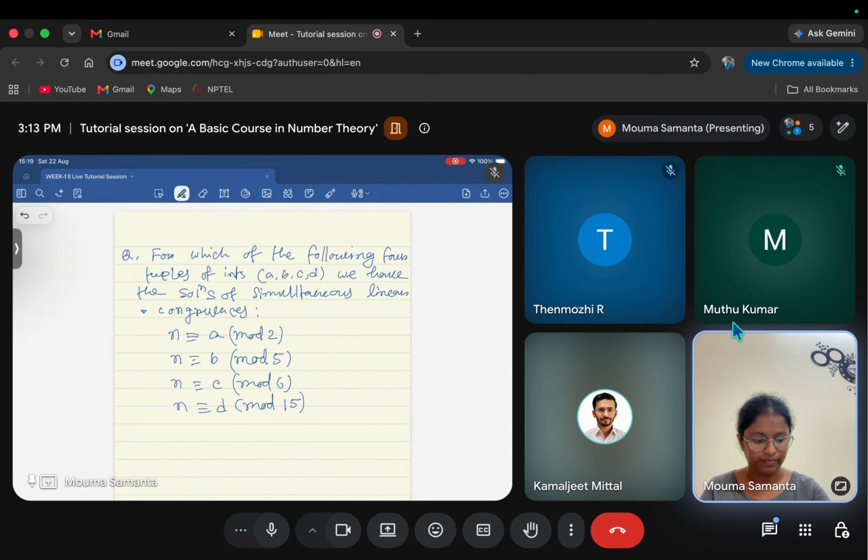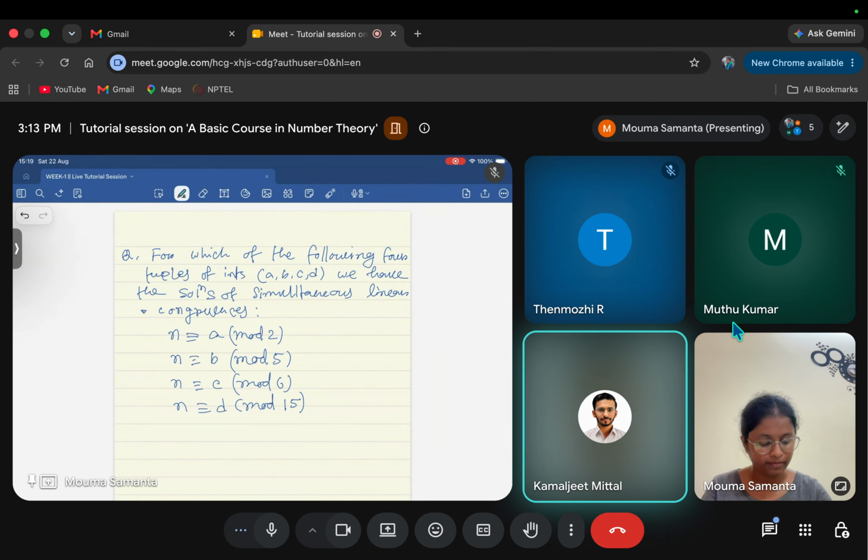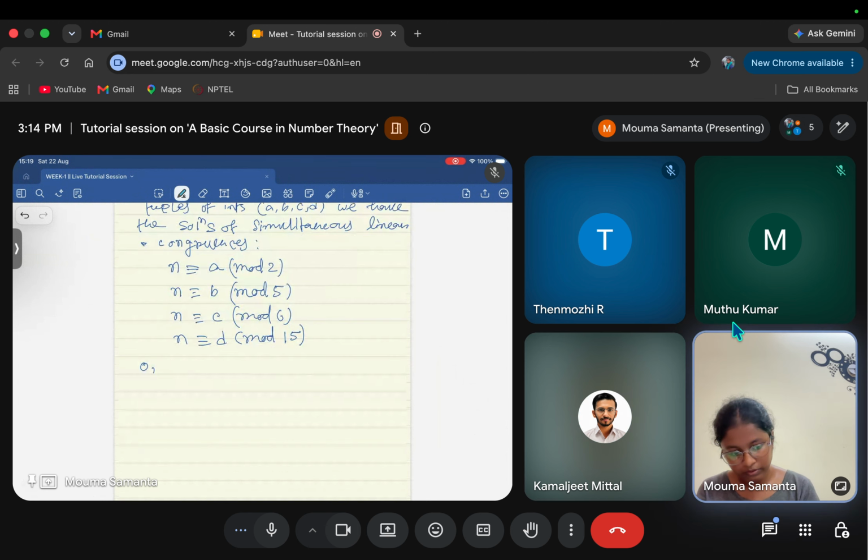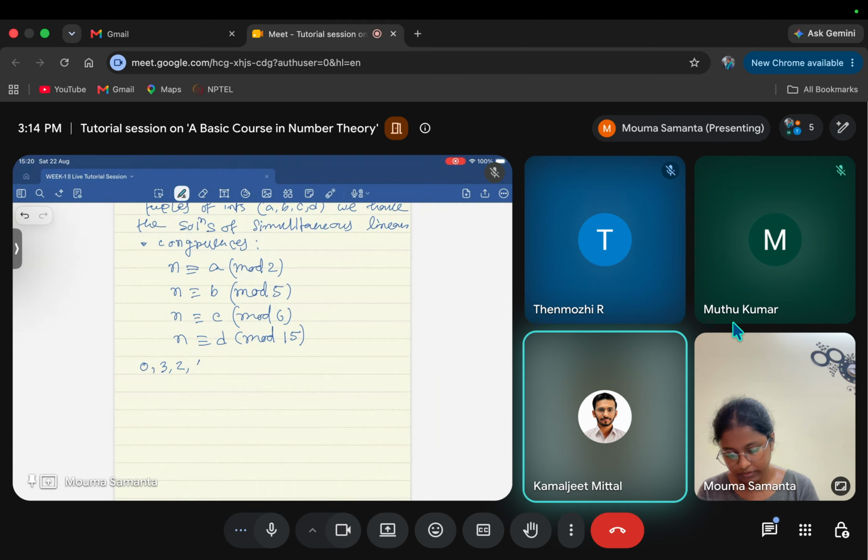The options are given. The first four tuple is 0, 3, 2, 8. The second option is 1, 3, 1, 13.